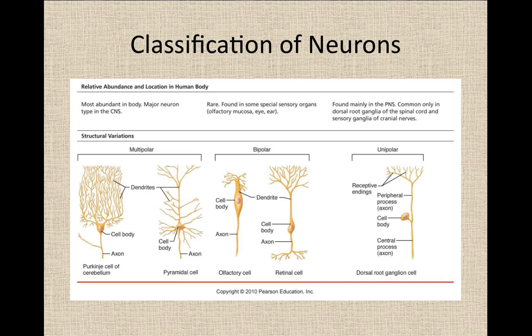The dorsal root ganglia is going to be a collection of the cell bodies of all the pseudo-unipolar neurons at that level. So you have the receptive ending, which will be in your muscles or your skin, and it will come back through the peripheral neuron.